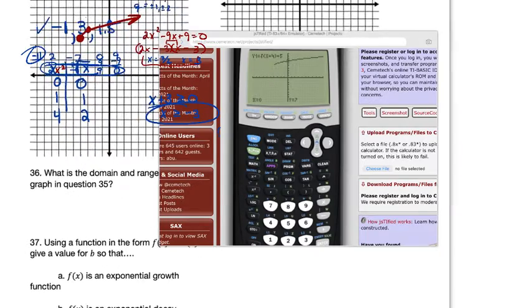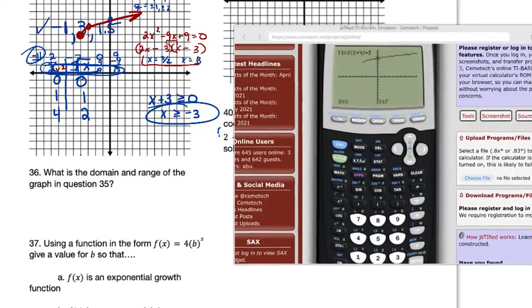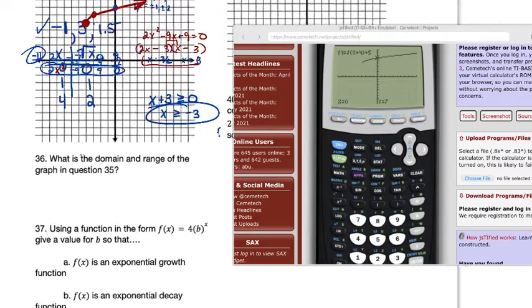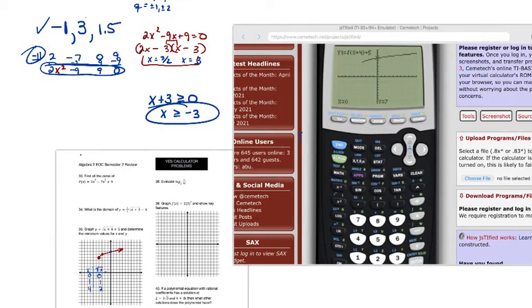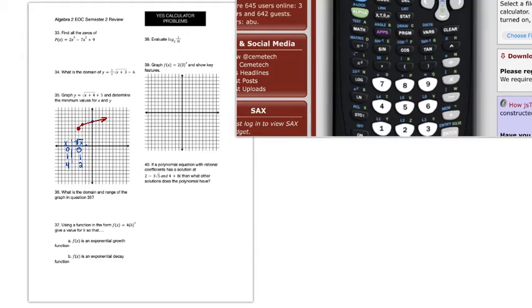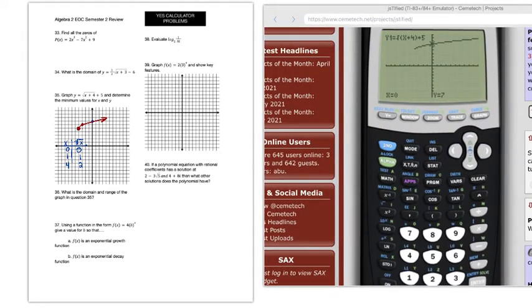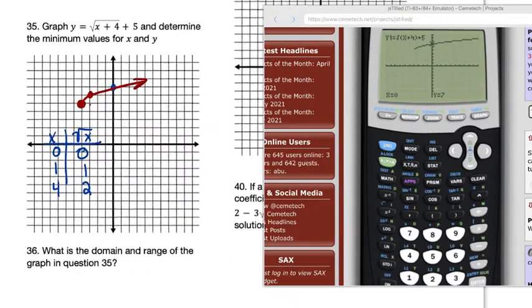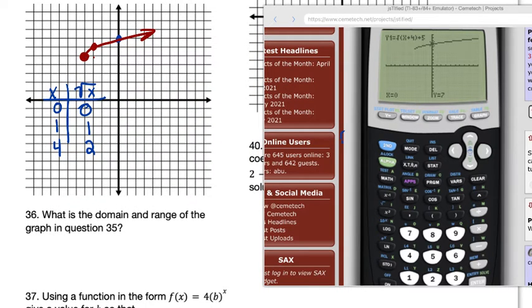Okay, let's go ahead and answer 36 now. 36, if I erase a little bit of this garbage up here, so we have a little space here. Let's see here, I'm going to erase some of my answers by accident. I may have to fill those back in. But if I look at my graph right here, I can tell the domain. The domain is the x values.